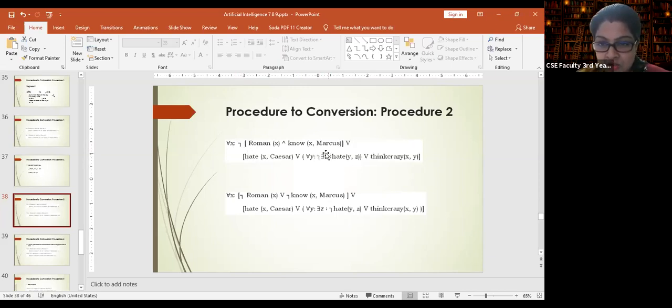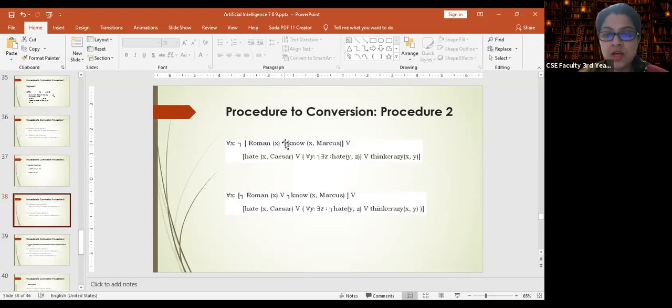Here also a not sign is there, but it comes only before hate(y, z), so we cannot break that further. But here one and sign is there, and outside of this bracket one not sign is also there. So if we remove this bracket, what would be done?